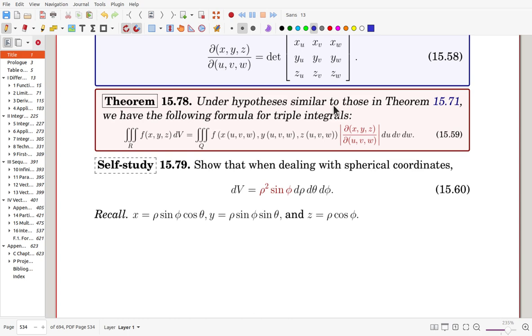And if you try to get the determinant, then you will have this scaling factor. Okay, so try this problem yourself. It's a self-study problem.